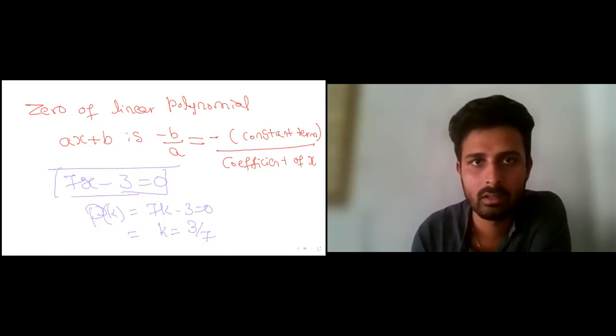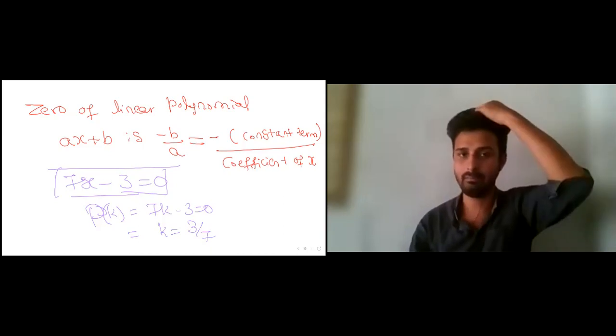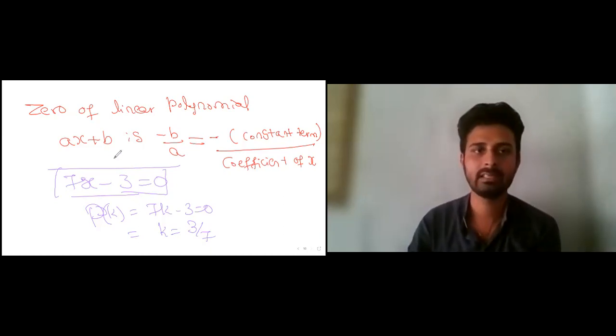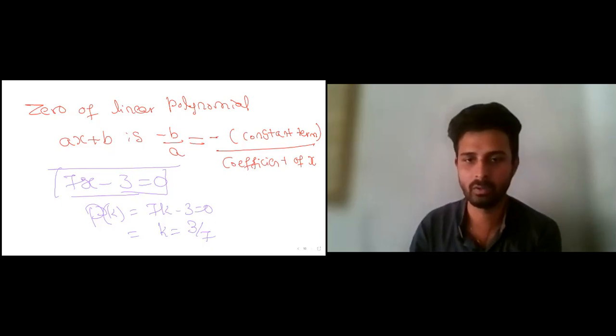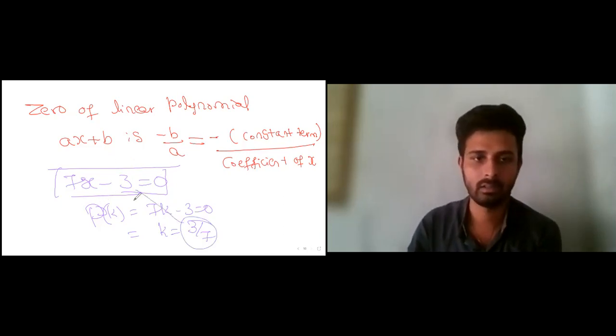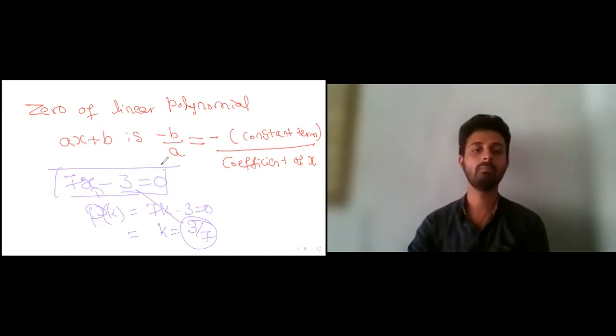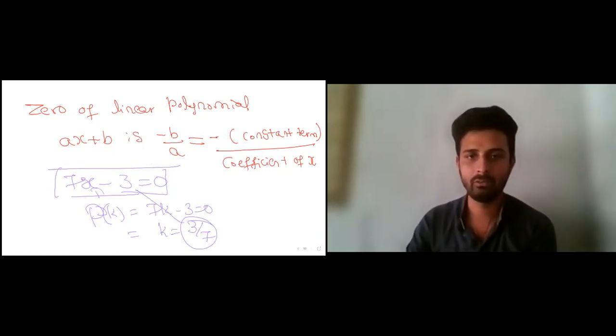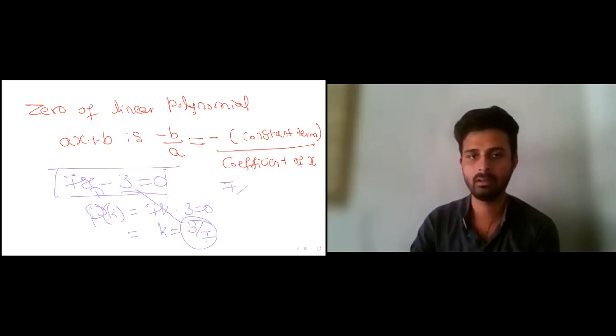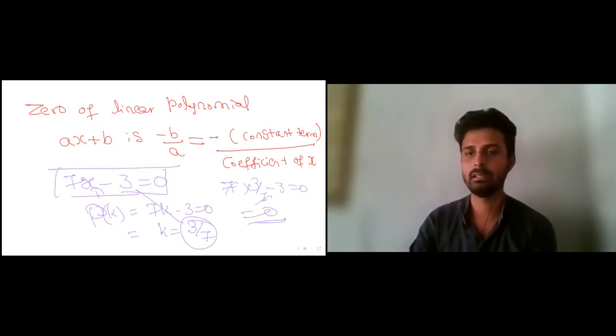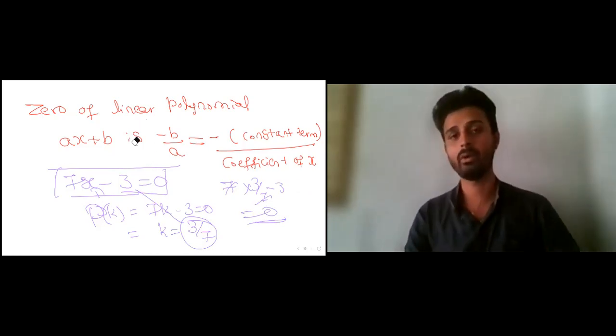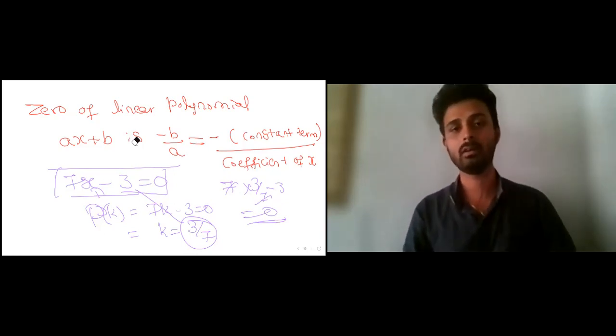So at k is equal to 3 by 7, the expression becomes equal to 0. If you insert 3 by 7 here in this expression, its value will be 0. You can see here 7 into 3 by 7 minus 3, so it will be 0. This is how you find the zero of a linear polynomial.